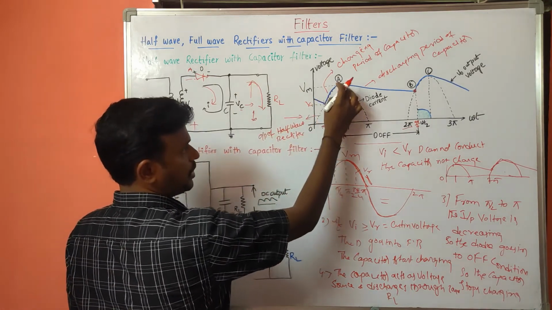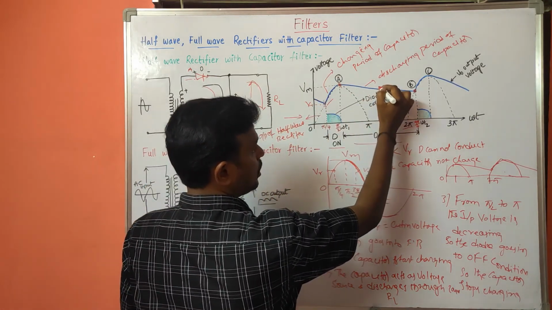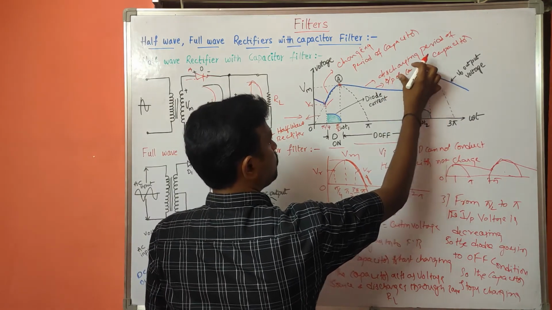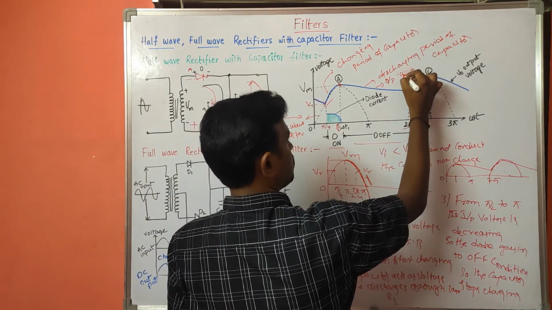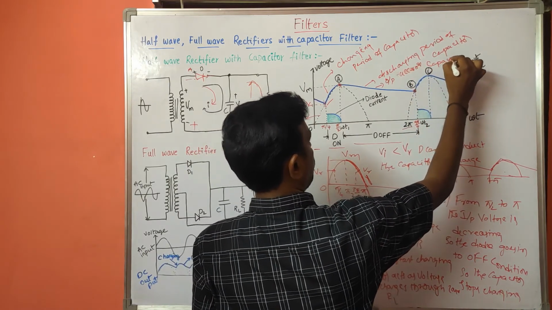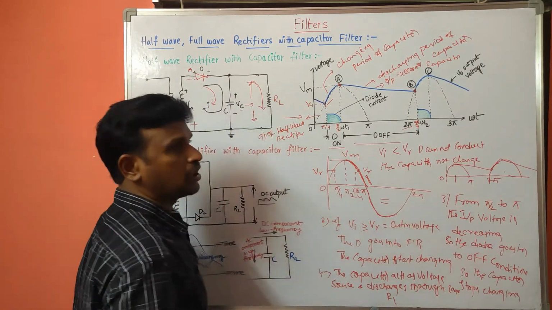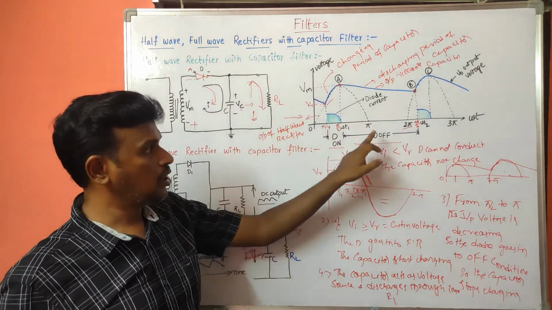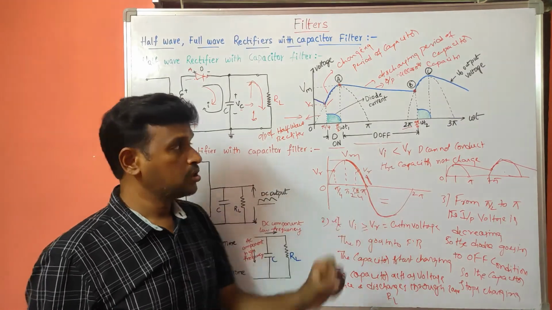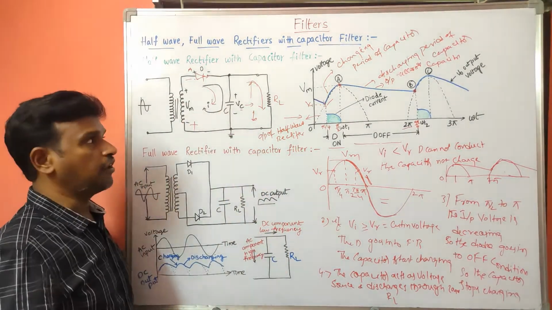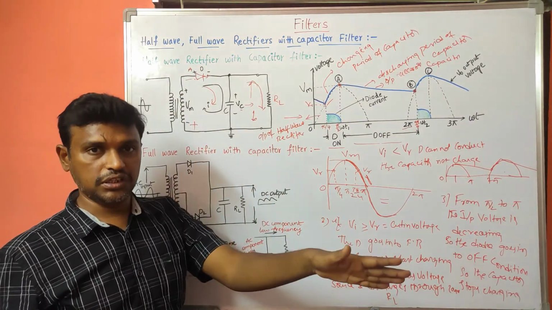That output across the capacitor is represented with the lines here. So in that we have charging and discharging depending on the diode on and off conditions. Okay, so this is about the operation of the half wave rectifier with a capacitor filter.